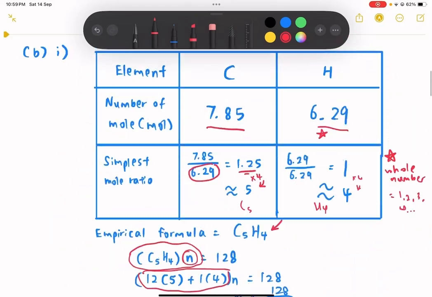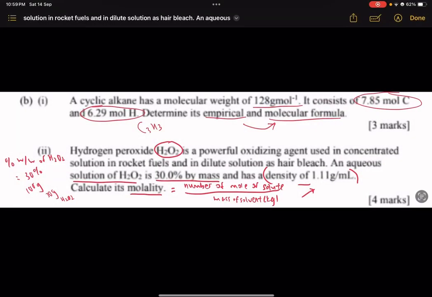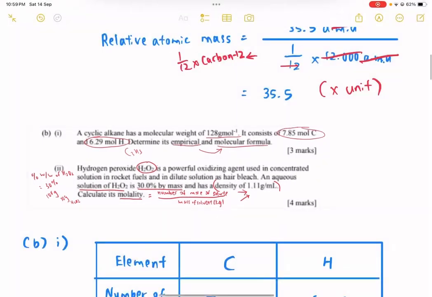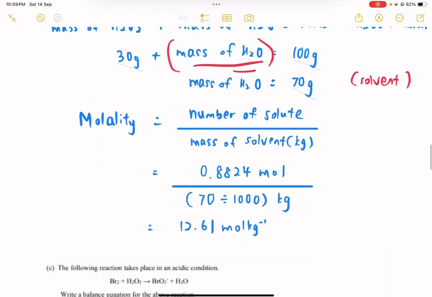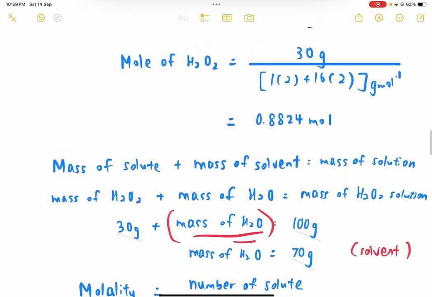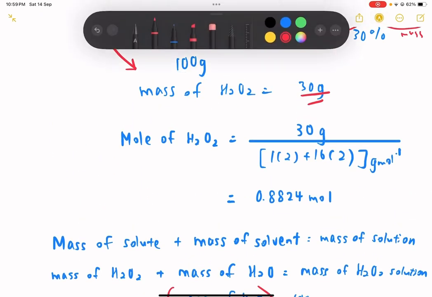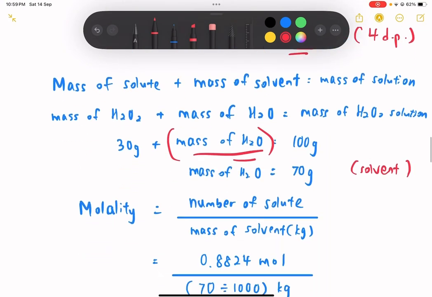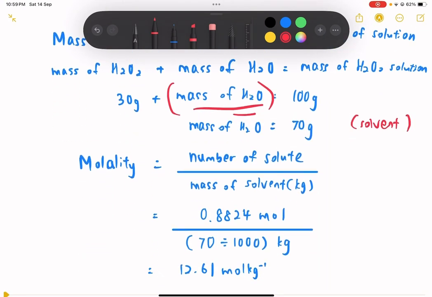After that, we have to find the number of moles of solute. So we need to find the moles of solute H2O2. We know the gram already, so we just divide by the relative molecular mass. Then we can find the answer 0.8824 mole. We need to put in 4 decimal places before it is the final answer. Okay, so lastly, we can simply find the molality, which is the number of moles of solute, the H2O2, over the mass of solvent, which is the H2O.